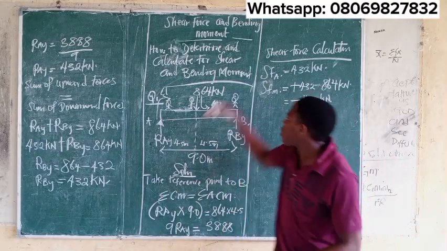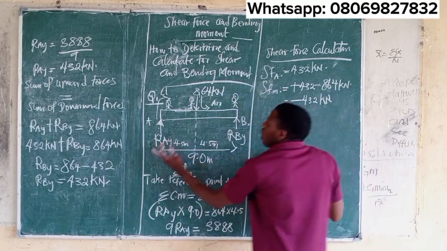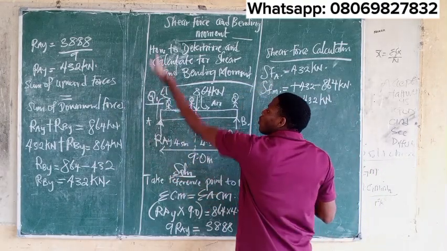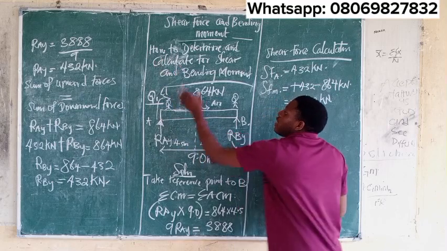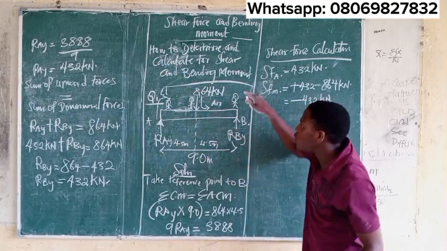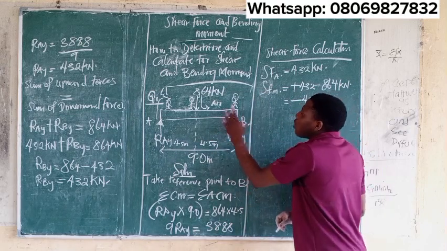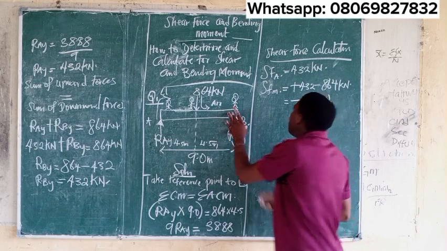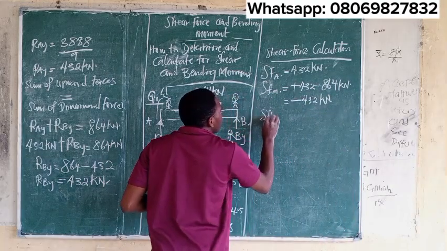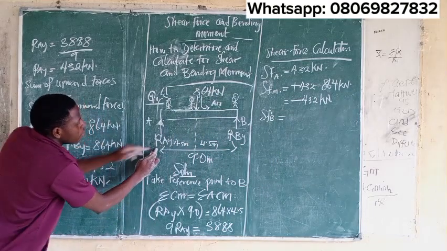To calculate the force at that point, you consider the upward force, which is the positive force, and the load, which is the negative force, and this force you are seeing here, which is a positive force. Now, the shear force at point B is simply what? What is the force you are seeing here?